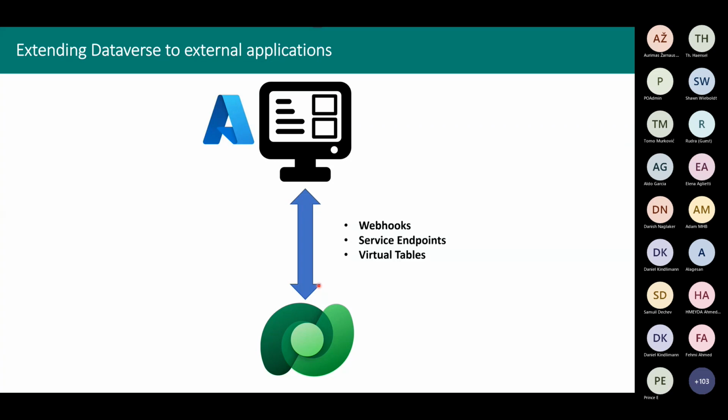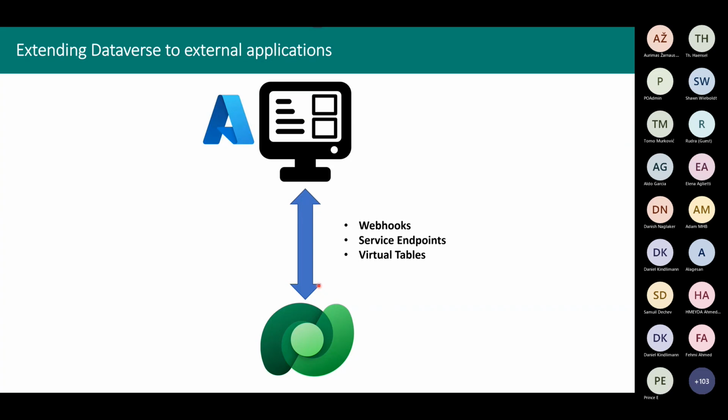To do that, we have a set of possibilities. We can create webhooks on Dataverse. We can create service endpoints, and we can also use virtual tables for that. Why do I say that?